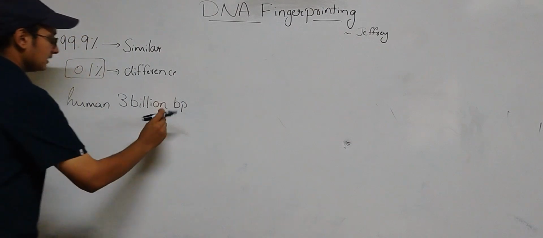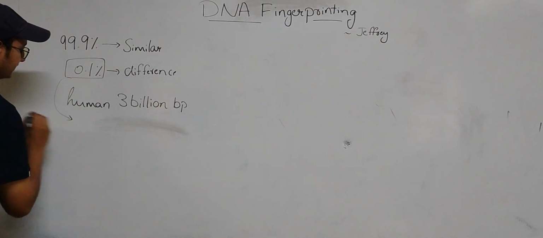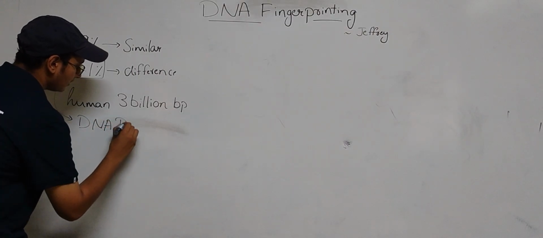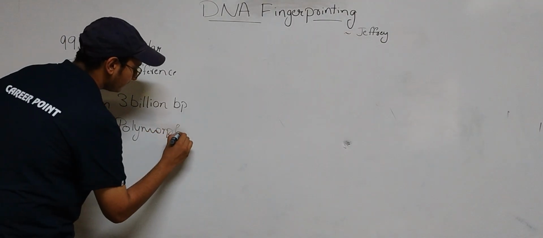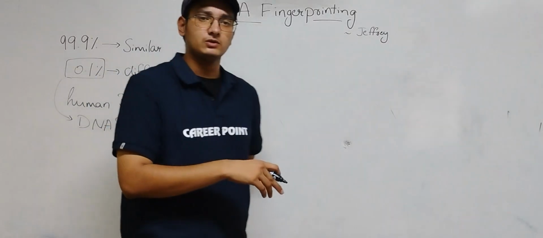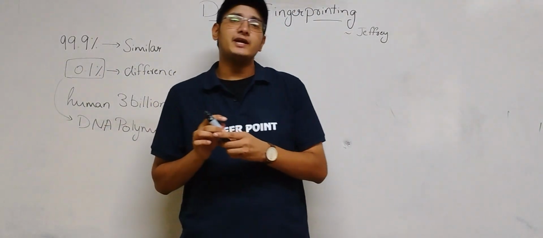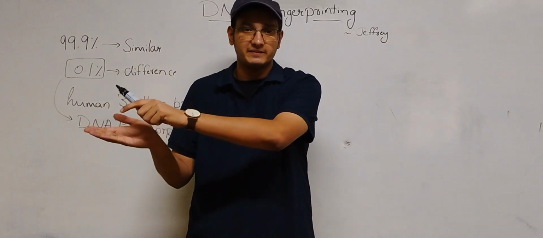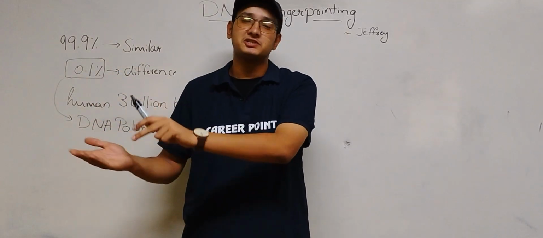Now this variation is because of DNA polymorphism. 2000 years ago, let's imagine something. There is a person called A. His DNA got mutated and it is inherited by his children, and his children passed it to their children, generation after generation.